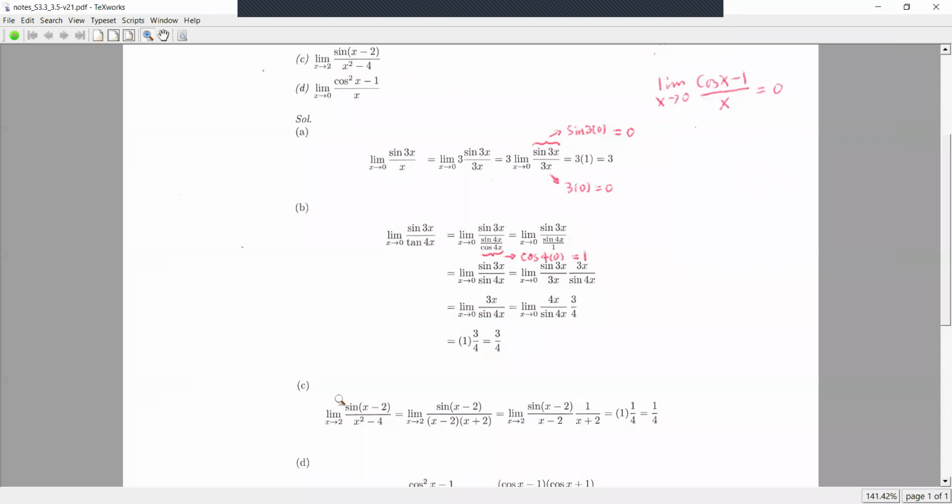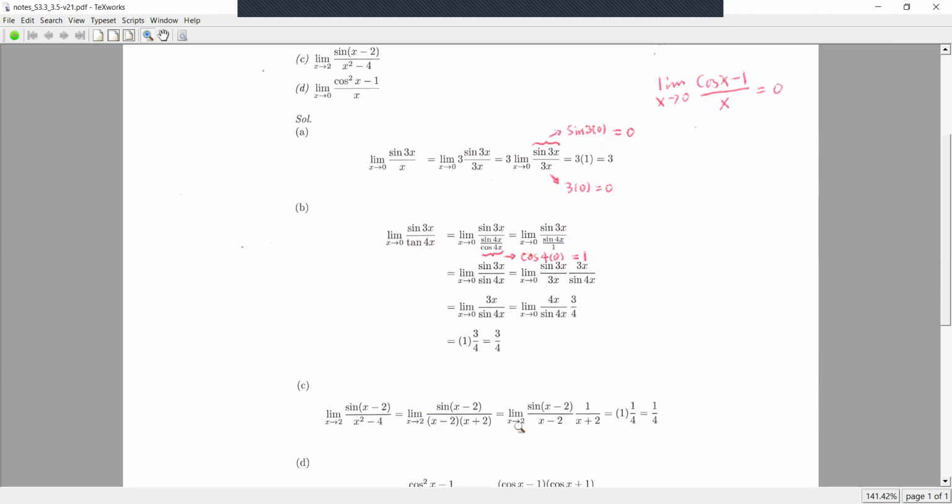Part C. To find the limit in part C, first, factor x squared minus 4 as x minus 2 times x plus 2. Then write this fraction as this fraction times this fraction.